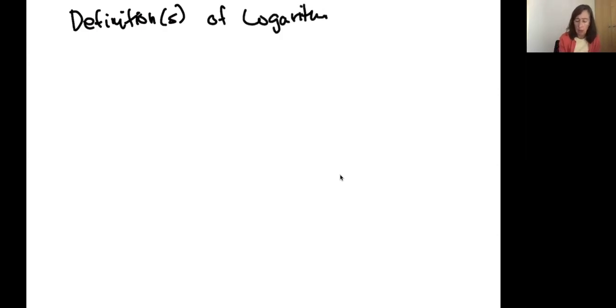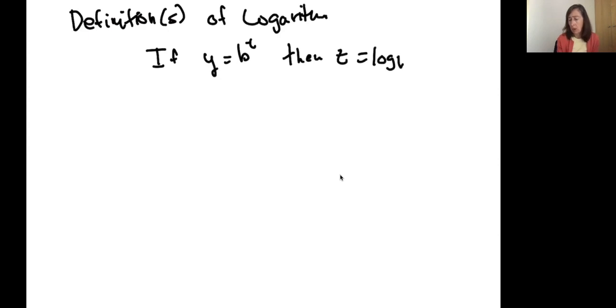Okay, so one would be if y equals b to the t power, then t equals the log b of y, the base b logarithm of y. Okay, so that's one definition. There's two others that I've actually kind of numbered in the notes. I'll use the same numbering here.